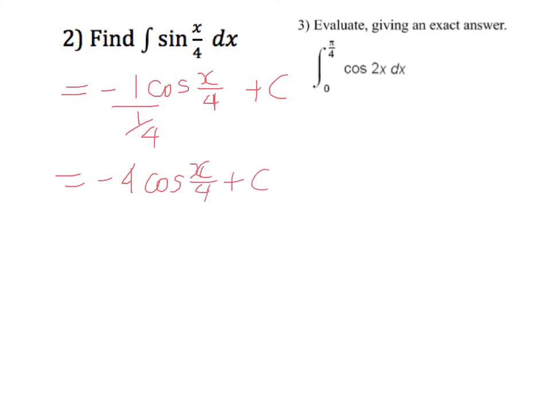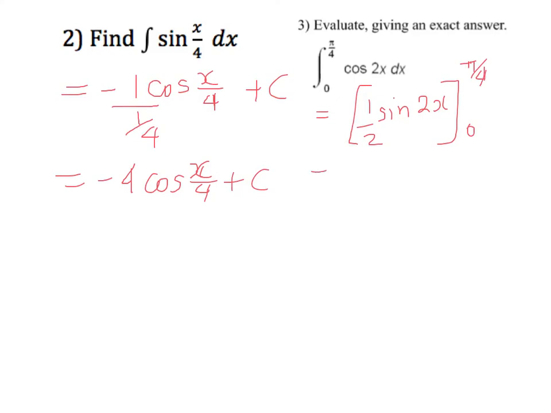Alright, now in question 3 we have a definite integral, because you can see that we've got the limits here. It's exactly the same, but we're not going to have the constant of integration. We're going to have to sub in these values. So let's integrate cos of 2x. Well, the integral of cos is sine 2x. We're going to have to divide by 2 there, and we're going to put our limits in of pi on 4 and 0.